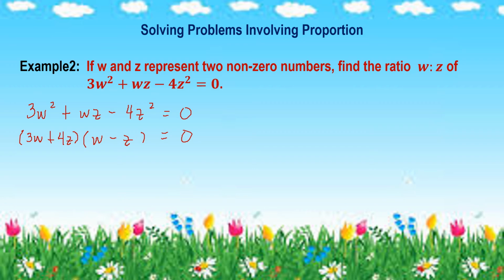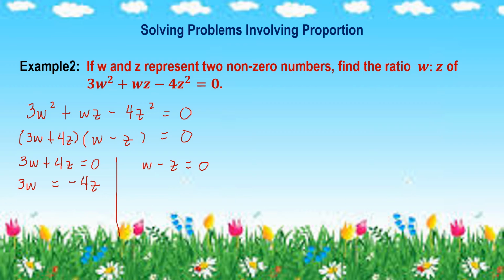By zero product property, we have 3w plus 4z is equal to 0, and w minus z is equal to 0. 3w is equal to negative 4z.